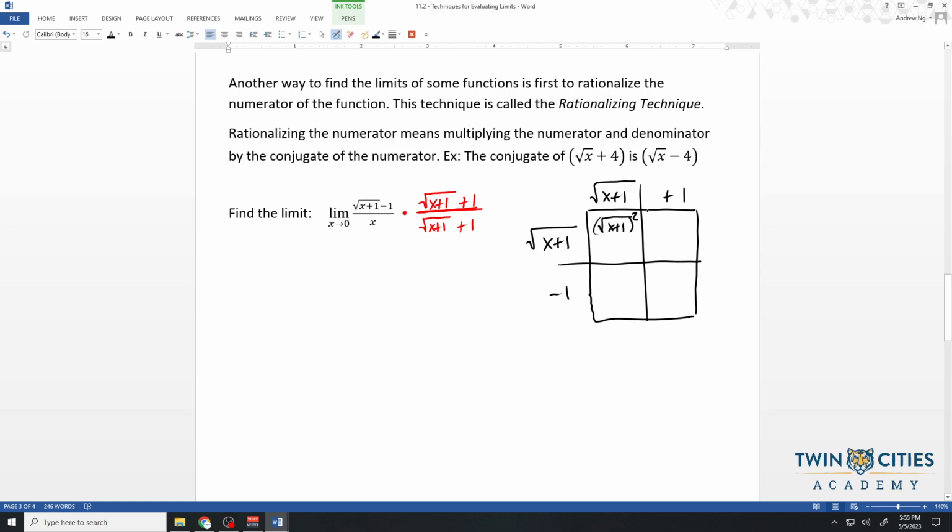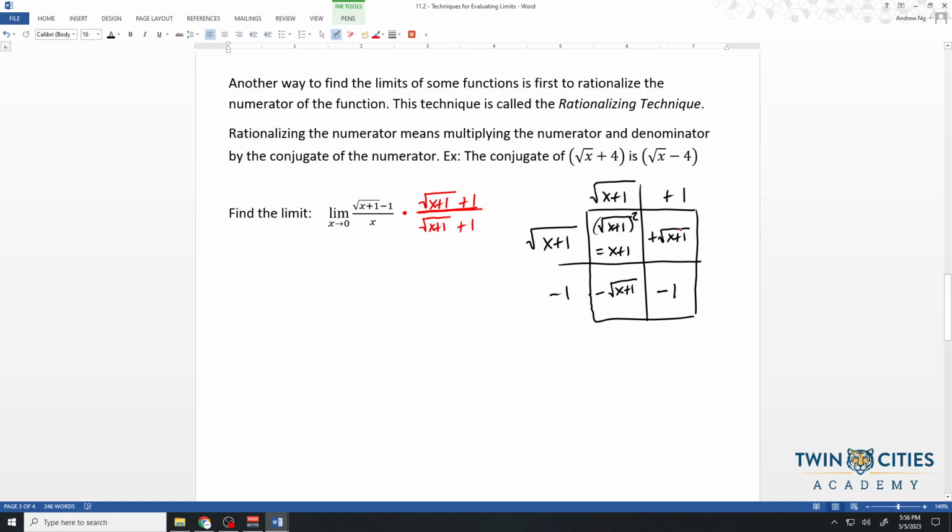Of course, the square root of something squared is just itself. So this is going to be x plus 1. Here I'll have the square root of x plus 1 times a positive 1. So this will be a positive square root of x plus 1. And then that times a negative will be minus the square root of x plus 1. Lastly, negative 1 times 1 will give me negative 1.